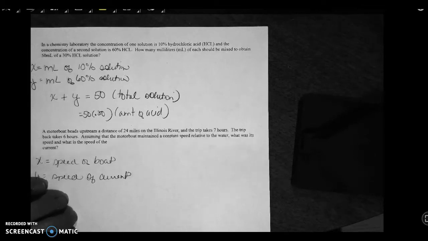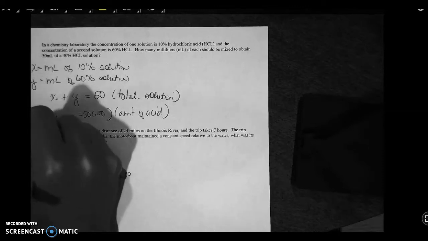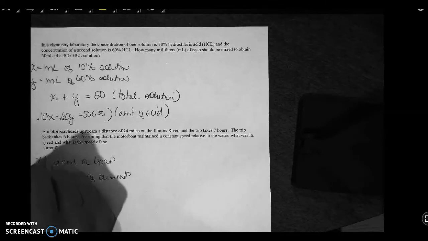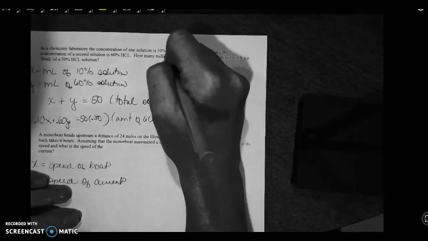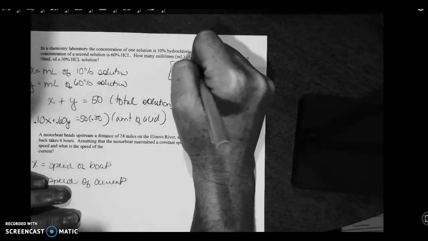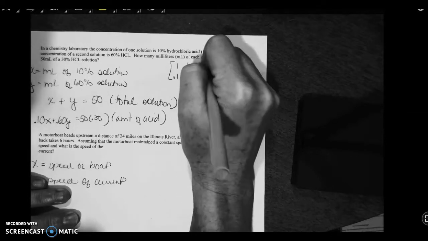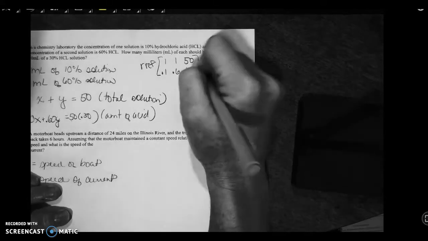So where does that 15 milliliters come from? Well, 10% of X is acid, and 60% of whatever Y is acid. So I've now created an equation that represents amount of acid, which means I can create my equation. So I'm going to go ahead and put it in my matrix. Again, 15 is 50 times 0.3.